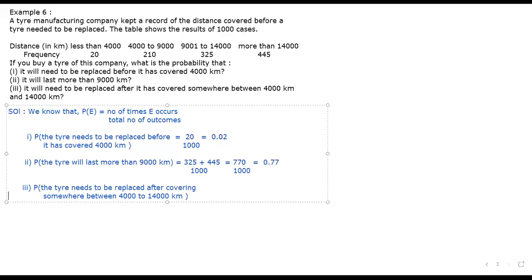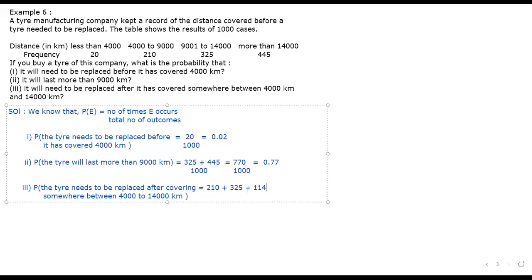Without even adding, can you tell me the answer? 1000 upon 1000. I know 20. We don't want those first 20 which are less than 4,000. We want from 4,000 to 14,000. Yes or no?